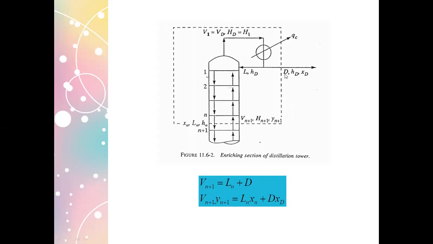You have energy for this stream, V sub n, and for this particular stream, the D, it has also energy, and of course the Q sub C. This is energy that has to be removed from the vapor, that way it can be condensed to liquid.